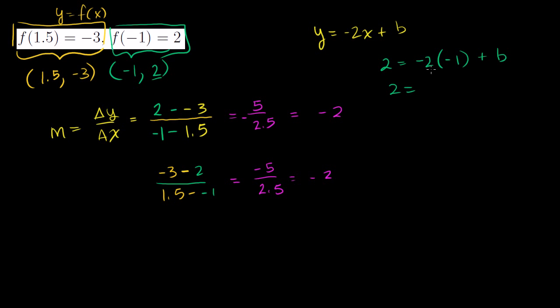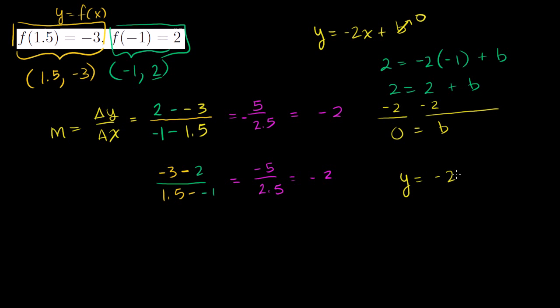So 2 is equal to negative 2 times negative 1, which is 2, plus b. If you subtract 2 from both sides of this equation, you're going to get 0 on the left-hand side is equal to b. So b is 0. So the equation of our line is just y is equal to negative 2x.